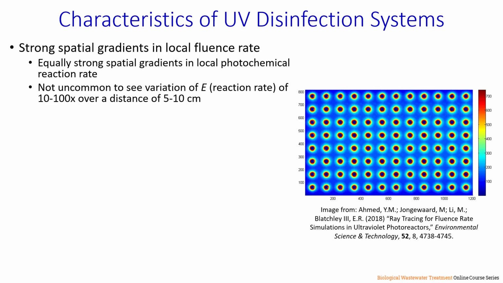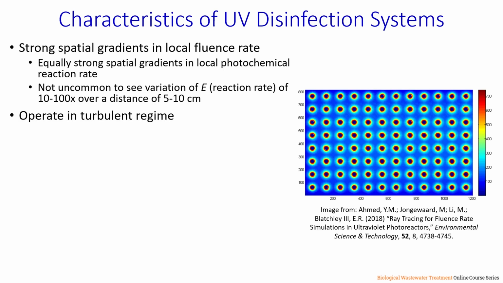It's not uncommon in these systems to see variations of fluence rate and therefore reaction rate on the order of 10 to 100 times over small distances like 5 to 10 centimeters. That's evident in the image on the right, which is a simulated fluence rate field for a real UV disinfection system. And here we see that the variation is about a factor of 10 over that sort of distance.